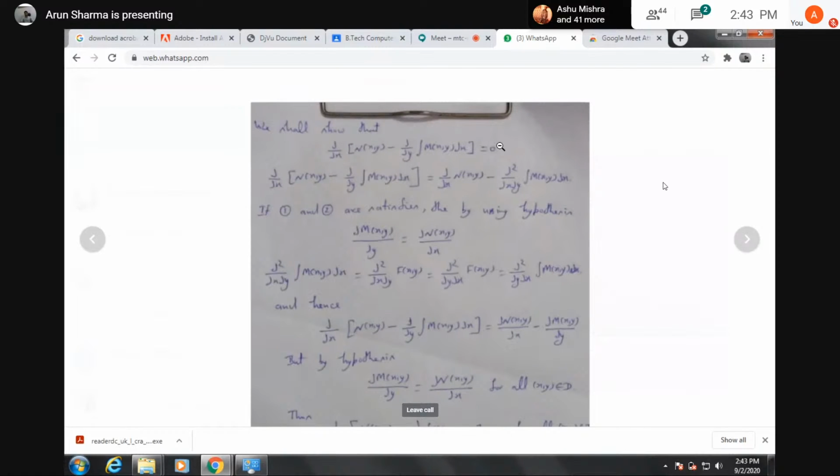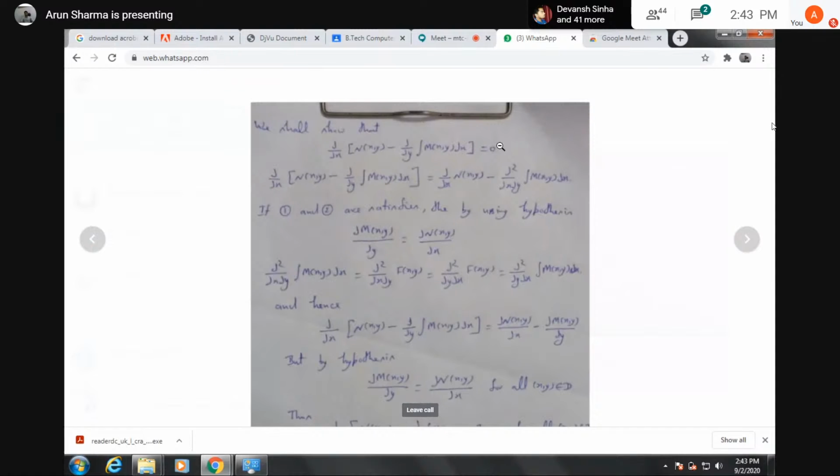We are differentiating partially with respect to x and we are getting 0. That means it is independent of x. If we differentiate some function partially with respect to x and we get 0, that means that function is independent of x. Then only its differentiation can be 0. Am I right or not?